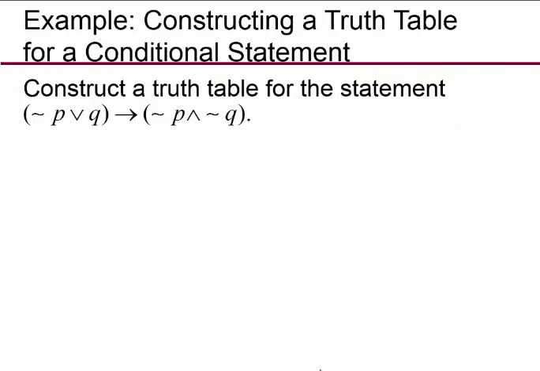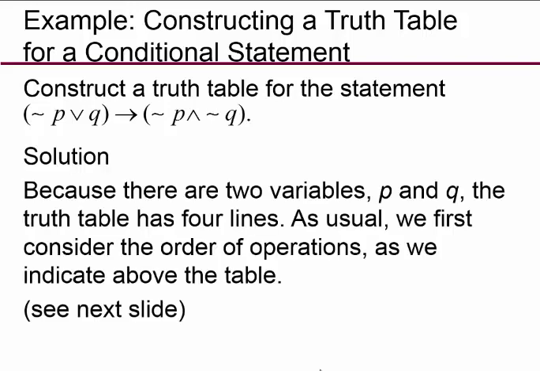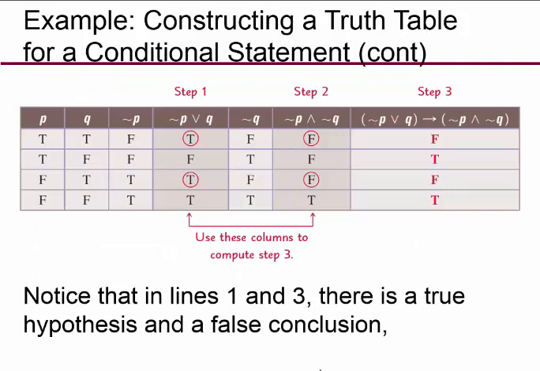So here's an example. We're going to construct a truth table for the statement. Again, by now you know that I don't like exactly the way the book does it, but we'll just follow along for this example. Because there are 2 variables, P and Q, the truth table has 4 rows. As usual, we first consider the order of operations as we indicated above the table.